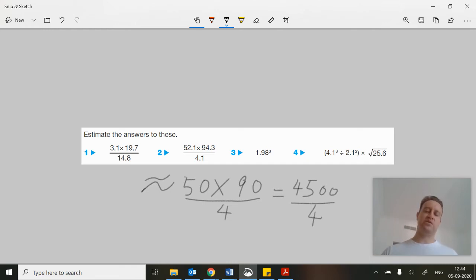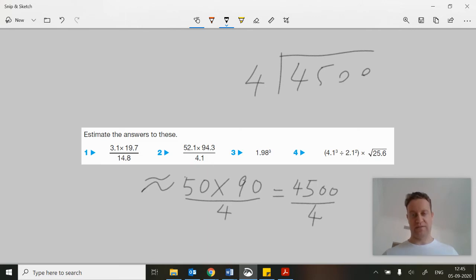Now, again, you can do this on your calculator. I would show this for my working to start off with, but you might also want to do this without a calculator. And dividing by 4, you can do a short division technique like this, or you can halve it twice. Short division might be something you go for. So how many 4's into 4? Goes once, no remainder.